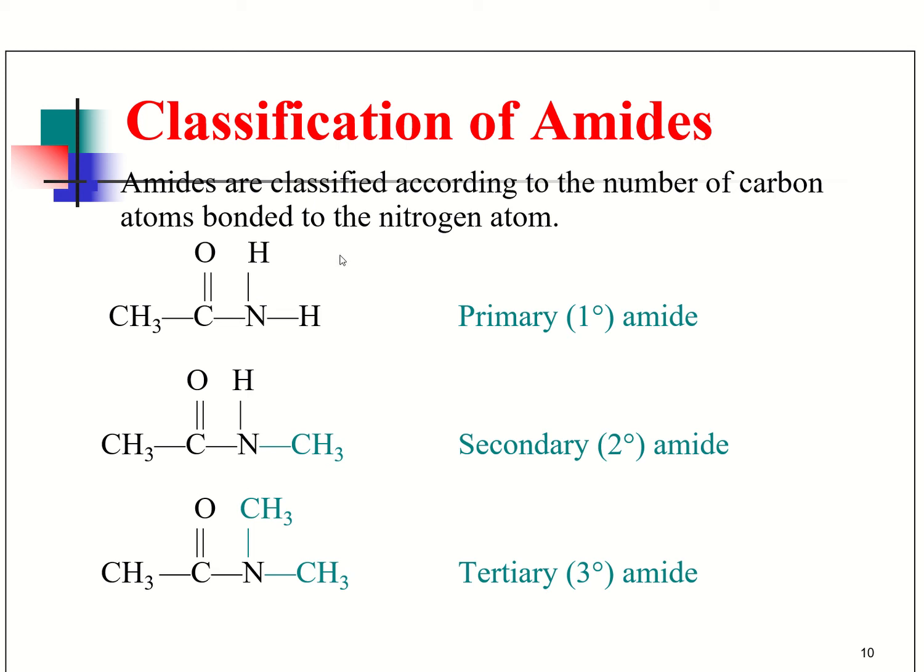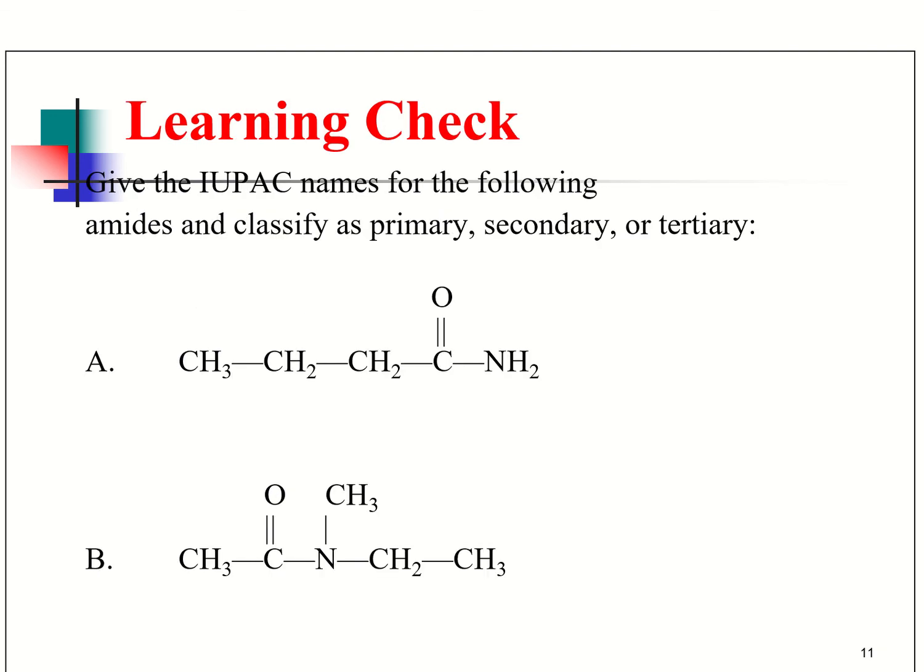Primaries will have the NH2 group at the end. Secondaries will have 1 substitution, and tertiaries will have 2 substitutions. So very similar to our amines previously. You should be able to work those out, and you will be asked, of course, in exam questions to classify these things as primary, secondary, or tertiary, or how to actually produce them and make them.